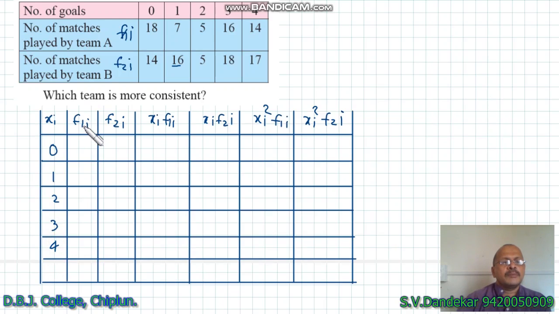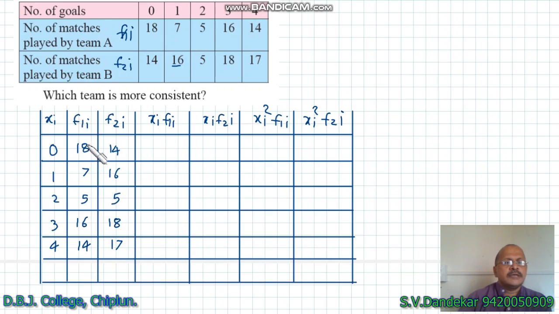In the column F1I, it is the number of matches played by team A: 18, 7, 5, 16, 14. F2I: 14, 16, 5, 18 and 17.